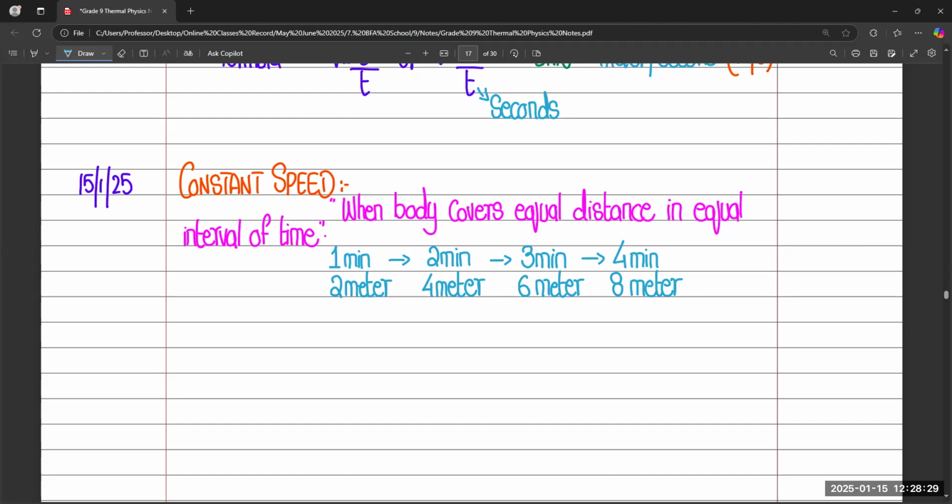So this is the scenario for a body which covers such distance in such intervals of time.